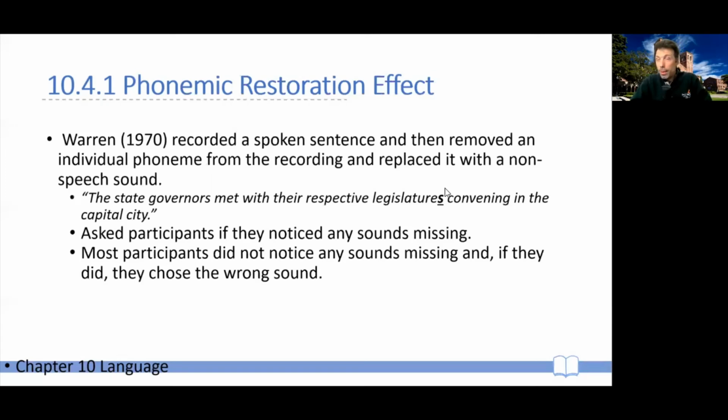And when they did report noticing a sound missing, they usually reported the wrong one. So this must mean that we spontaneously use top-down knowledge in order to interpret what is otherwise a potentially very ambiguous stream of input. So much as we have seen in the context of vision, we use top-down information in order to process incoming sensory stimulation.